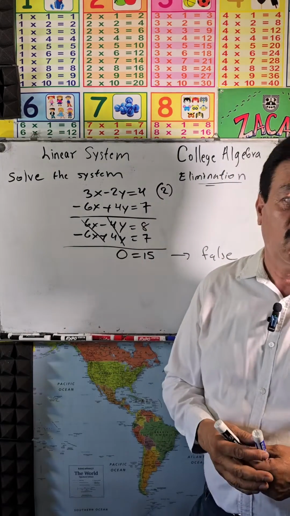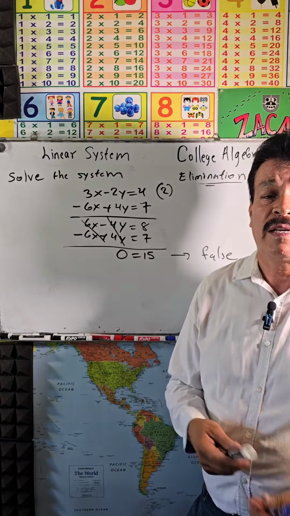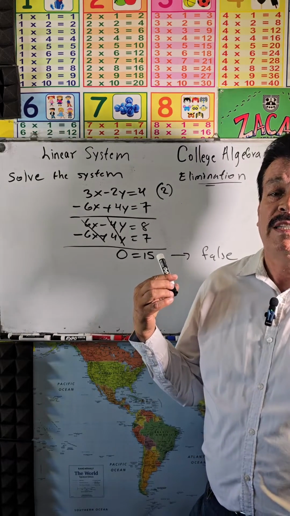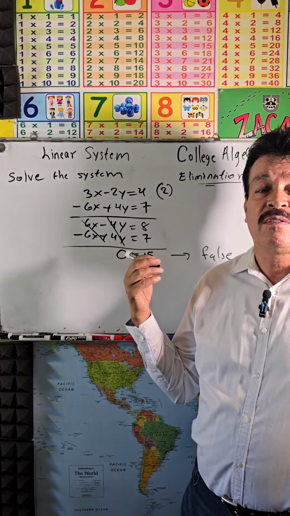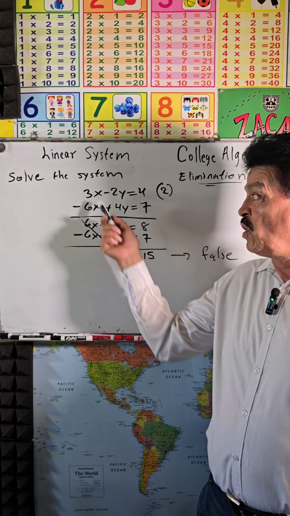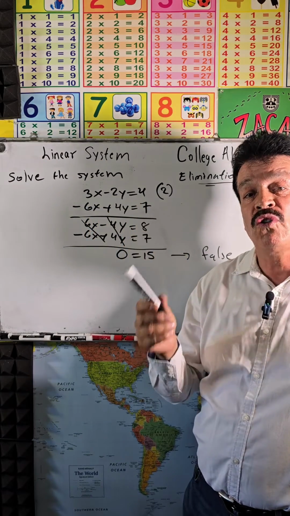And then what is the solution? When the result is false, this result is a signal that these two equations have no solution.